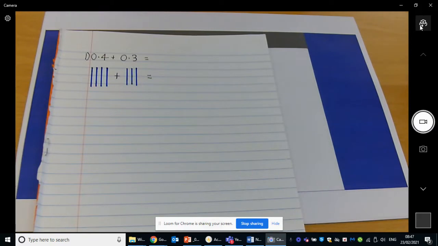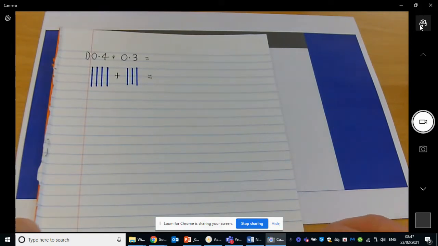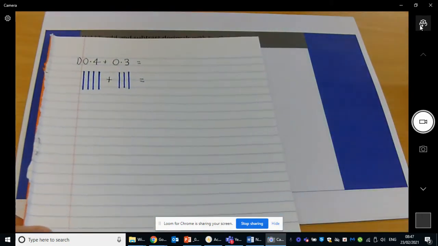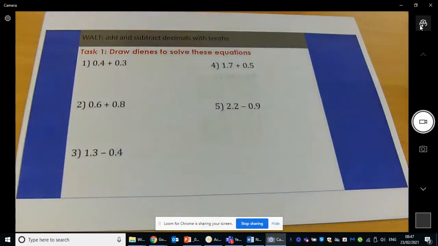Now this first one may not include any regrouping, but the others most likely might do. And then you can draw the answers there with your wholes and ones. So that's sort of how it should be presented. So I'll leave these questions in front of you here. Pause the video now and resume once you have finished. Off you go.